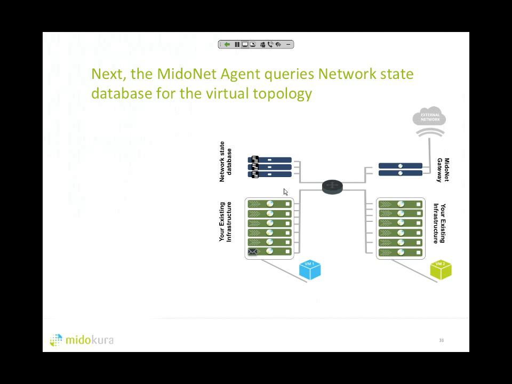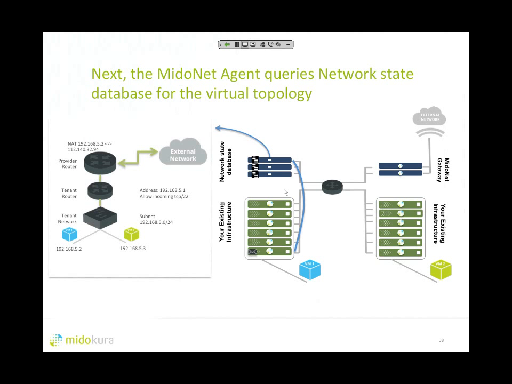Basically, the MidoNet agent intercepts a netlink message asking for the information for that traffic flow. And the MidoNet agent, if it doesn't have it cached locally already, given it's the first packet flow, will query the network state database to find out the virtual topology relevant for that VM traffic flow.